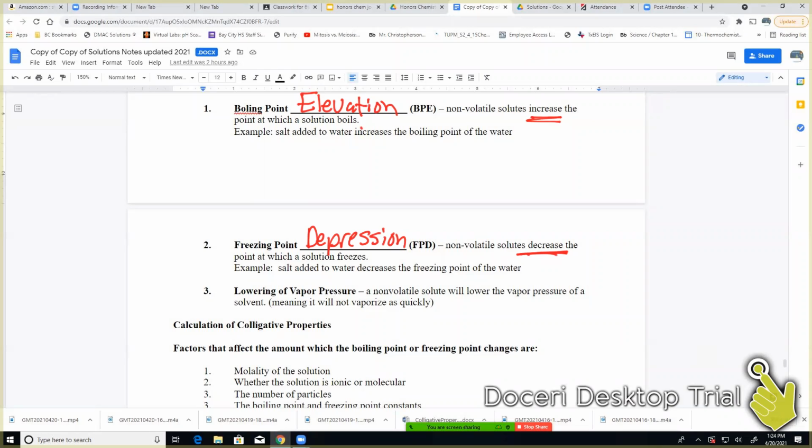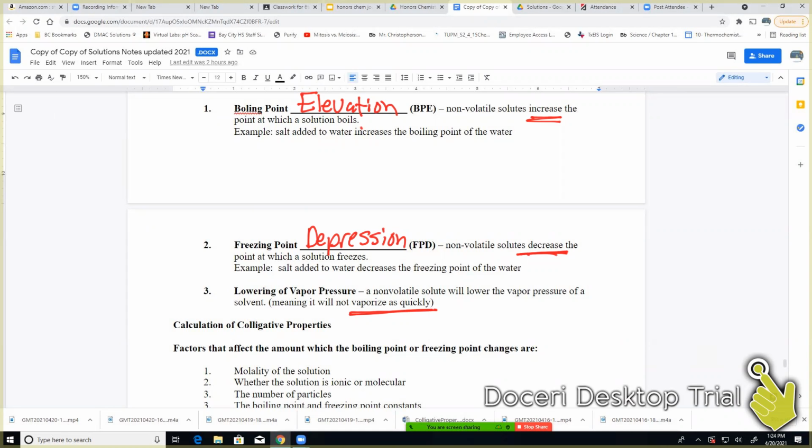And then lowering the vapor pressure: if you add a non-volatile solute, it will lower the vapor pressure of a solvent. And vapor pressure means how quickly it vaporizes. So if you spill gasoline on concrete, especially if it's hot, it's going to vaporize really quickly.